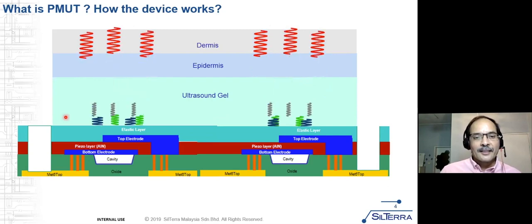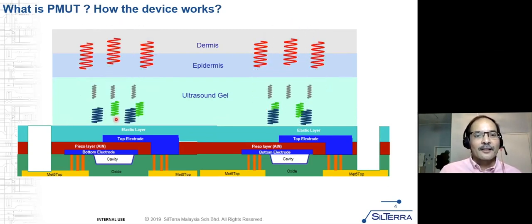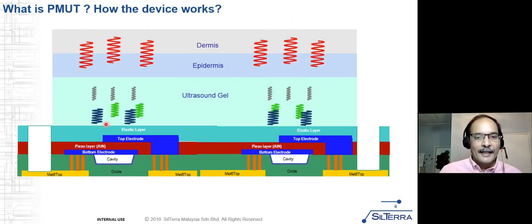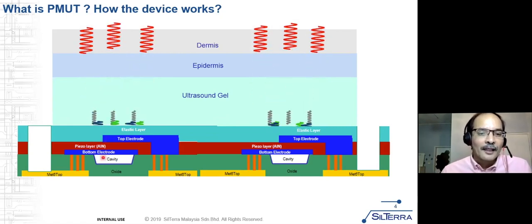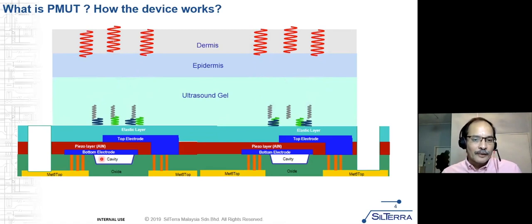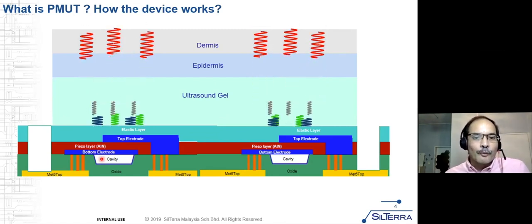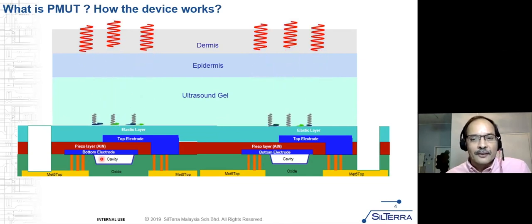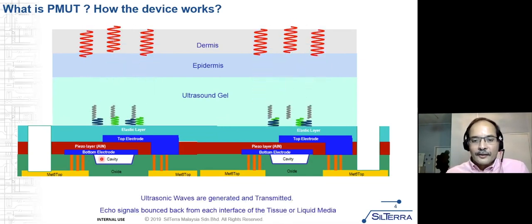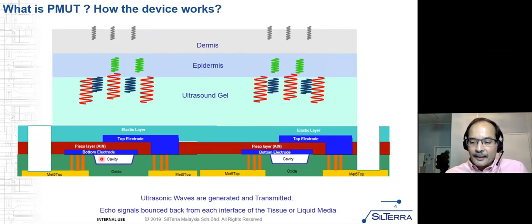At each and every interface, the ultrasound bounces back, it echoes back. That echo can be picked up by the underlying electronics and used for processing. So that's how ultrasound scanning works. The ultrasound waves are generated and transmitted, and then the echo is captured.